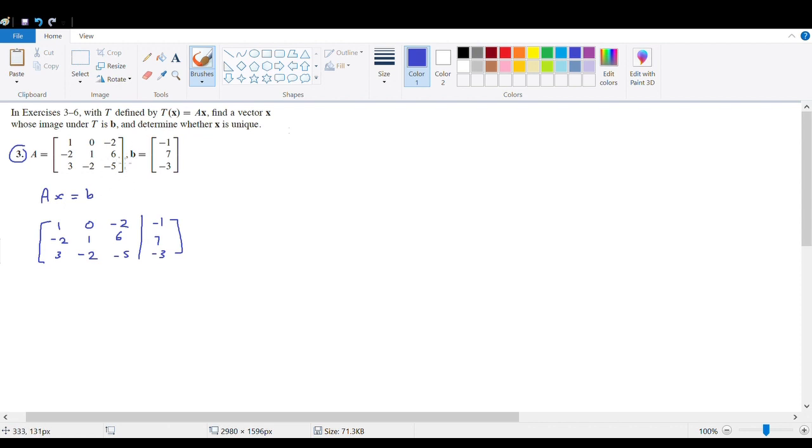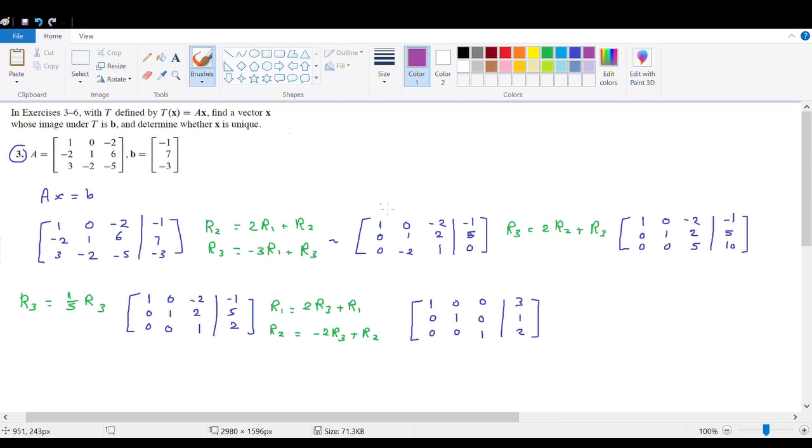We want to do row operations for this matrix and see what is the x of this system. If the system is consistent without any free variable, that means x is unique. But in case we have a free variable, that means the system has infinitely many solutions. So after doing row operations for this matrix, we get the final result.